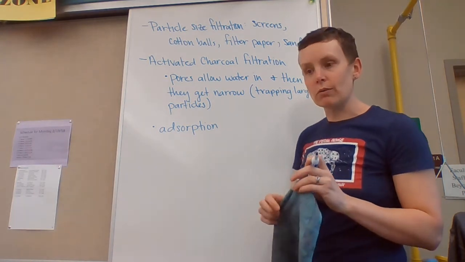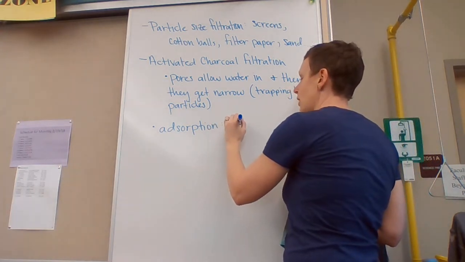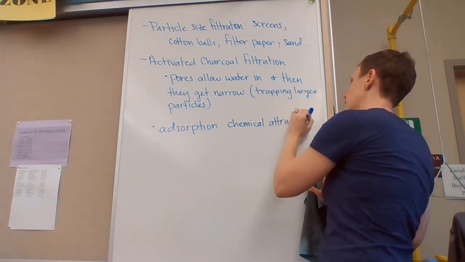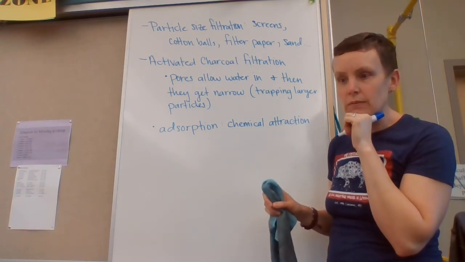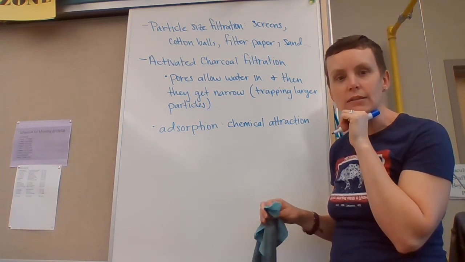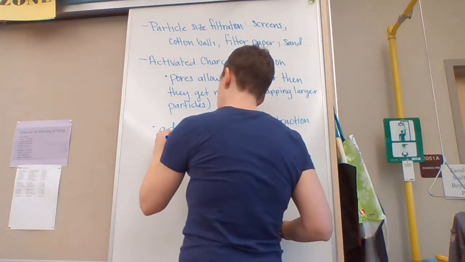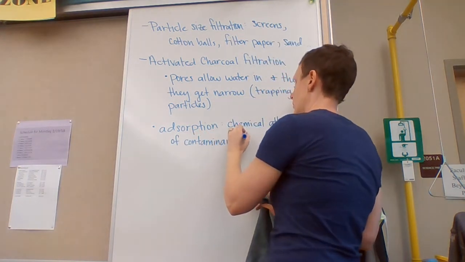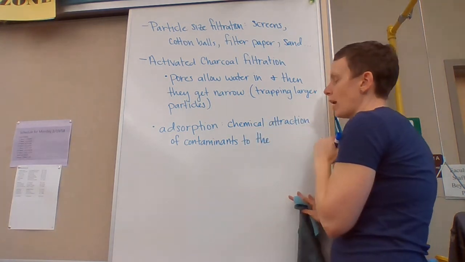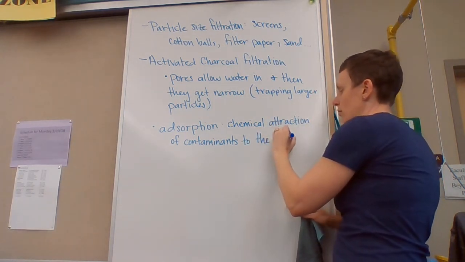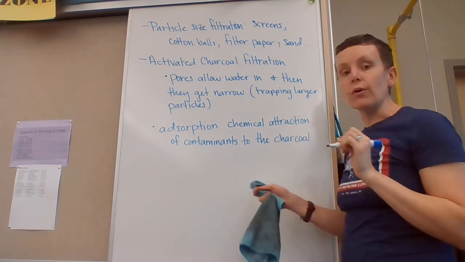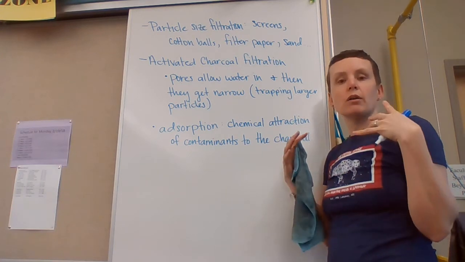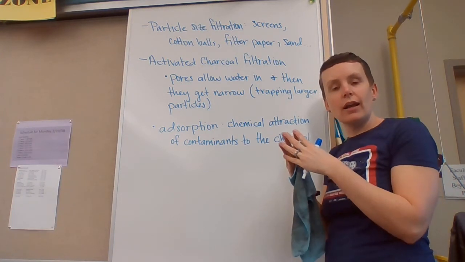Adsorption is a chemical attraction of contaminants to the charcoal. So oils and some toxins are going to be attracted to the charcoal, and they stick to it, and they don't go through.